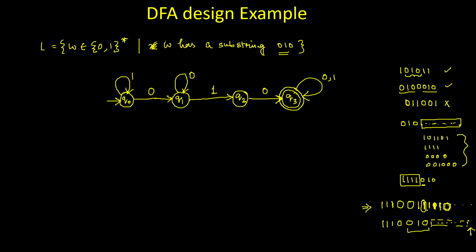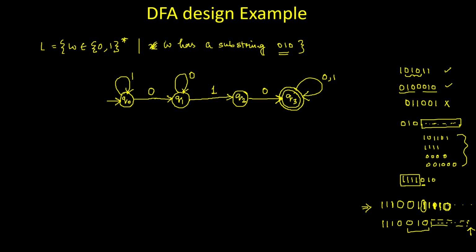Now for this one, where will I go? This is the question. First of all, where am I standing? I am standing on this Q2, right? When I see 0, I will come from Q0 to Q1, and for other zeros also I will remain in Q1, but when I get a 1, I will go to Q2, fine. And here if I find 0, then it's okay.